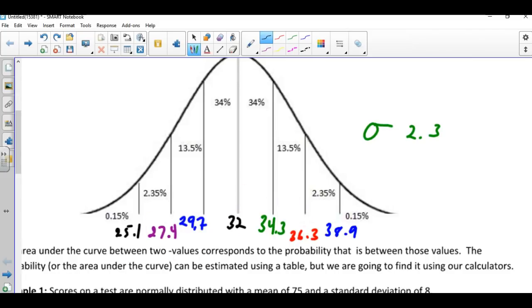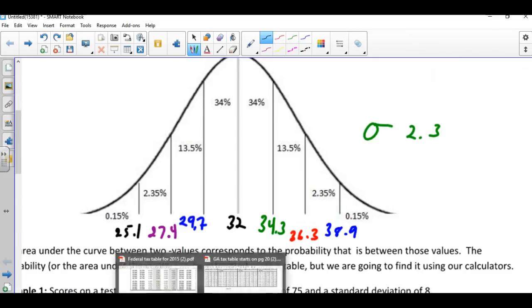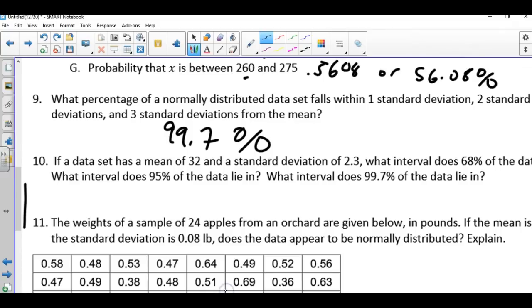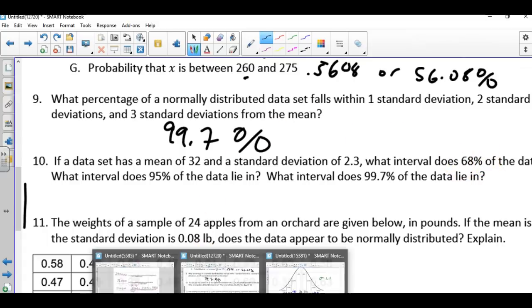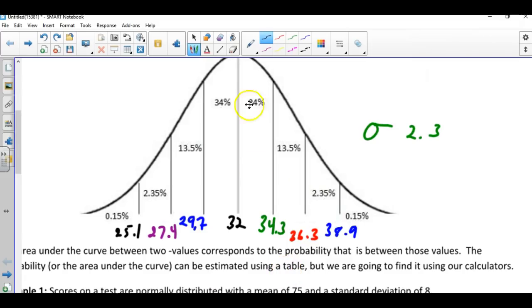Now, the question says, the first one, what interval does 68% of the data lie in? The interval will be the range. So if we say 68%, remember, will be this first set right here.